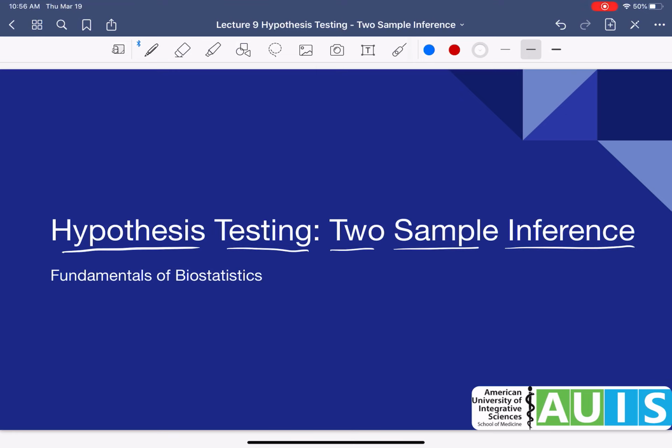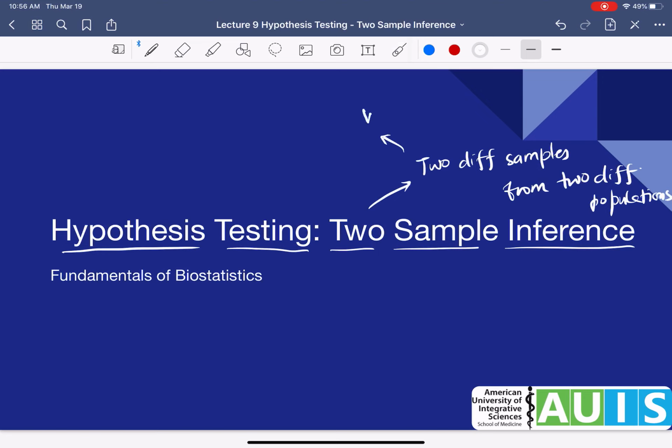So the idea here is that you have two different samples from two different populations, and we want to see whether the conditions are the same or different. So this is the primary understanding in the hypothesis testing when it comes to two sample inference.